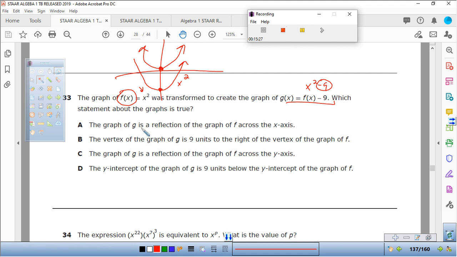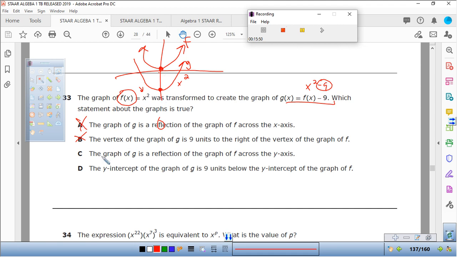The graph of G, remember, G is this one right here, and F is that one right there. The graph of G is reflected. Reflected means to be flipping over. Did it flip over? No. The vertex of graph G, which is the lower one, is 9 units to the right. No. The way you compare them is the vertex, guys, the lowest point or the highest point.